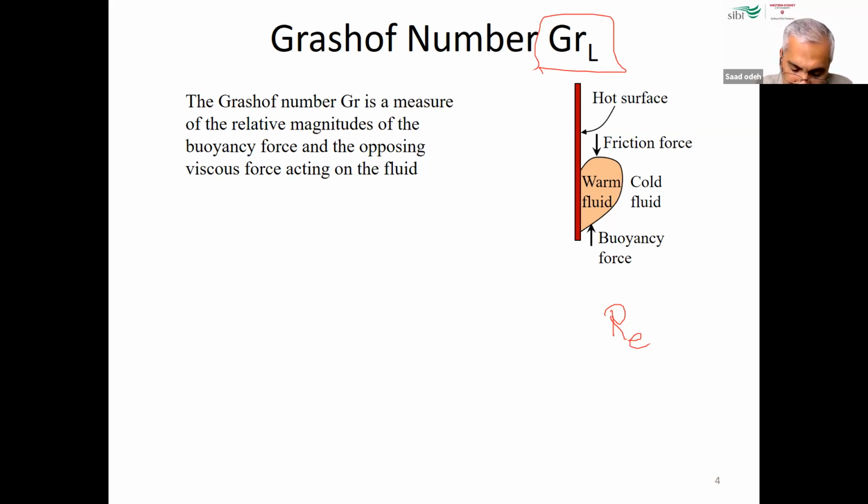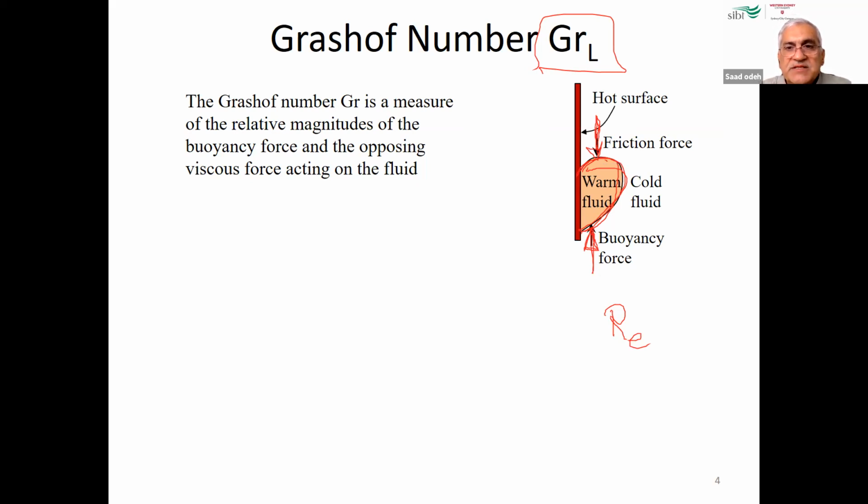So, for example, if I have this part of fluid and it's a warm fluid, we have two forces acting on this fluid. The buoyancy force trying to push the fluid upward, and against this, we have friction force trying to push the fluid downward.